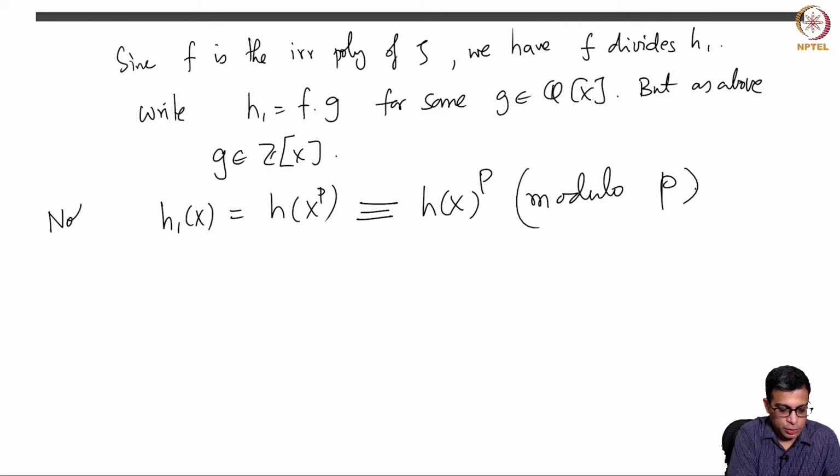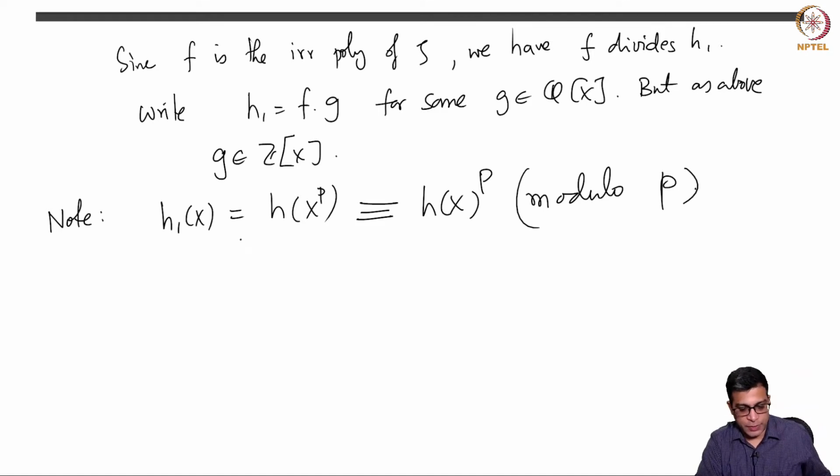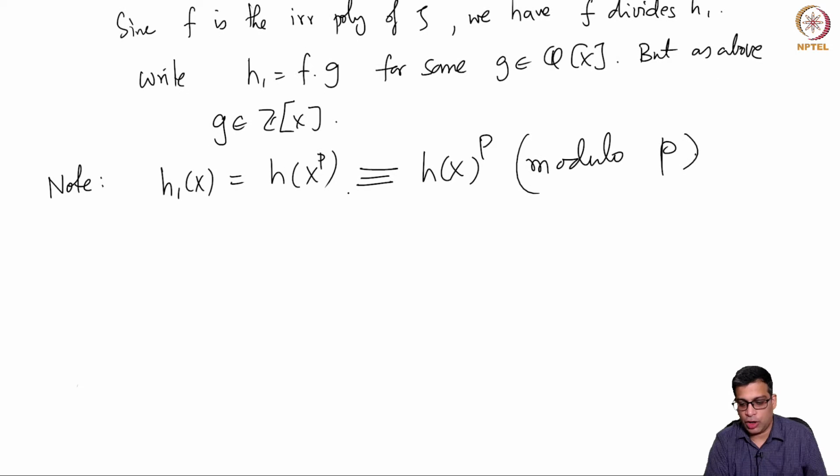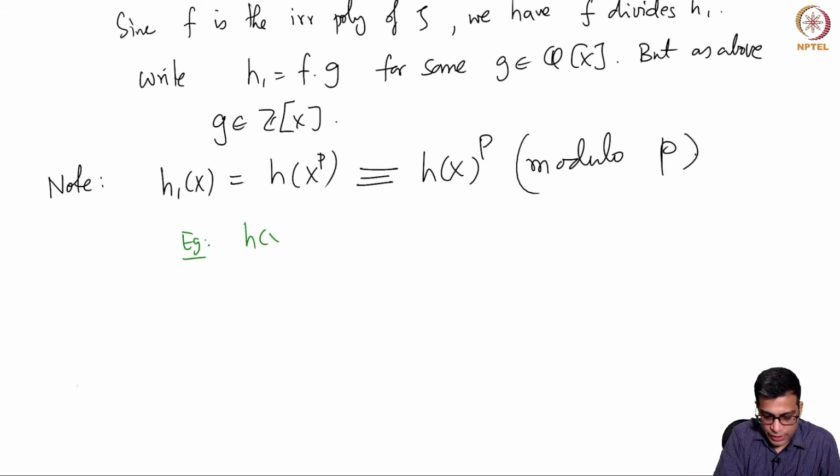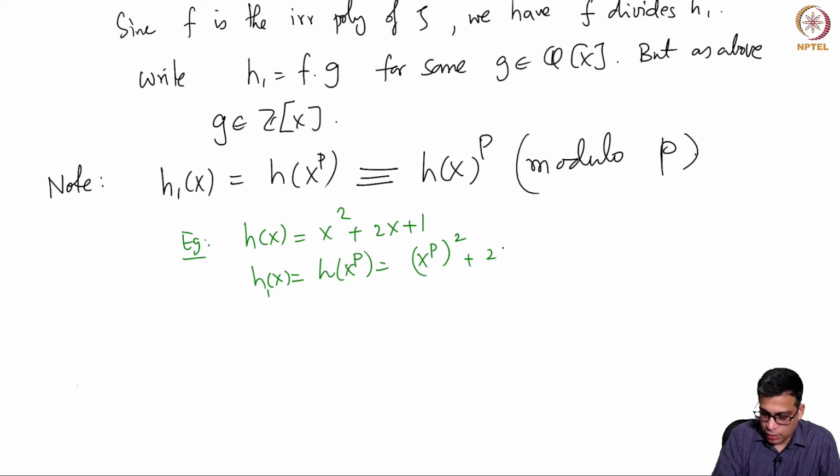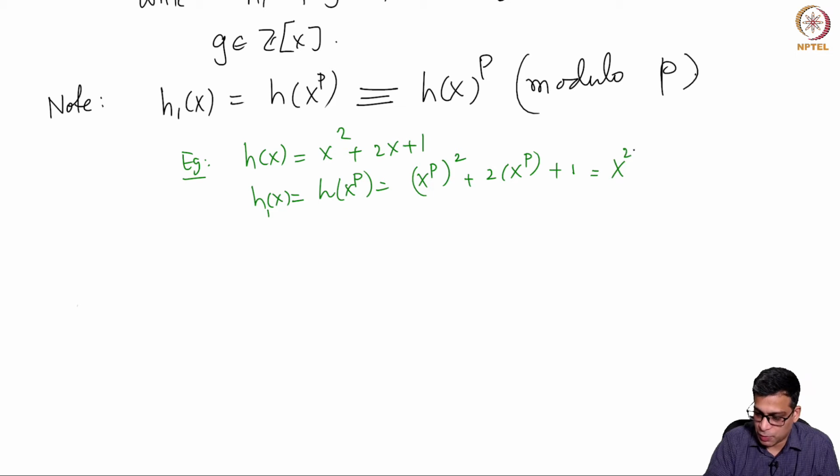So this is the note. This of course is by definition, and this is because if you go modulo pZ and you take h to the power p, here is an example. If h of x is, let's say, x square plus 2x plus 1, then h1 of x, which is h of x power p, will be x power p square plus 2 times x power p plus 1. So h1 is nothing but x power 2p plus 2x power p plus 1.